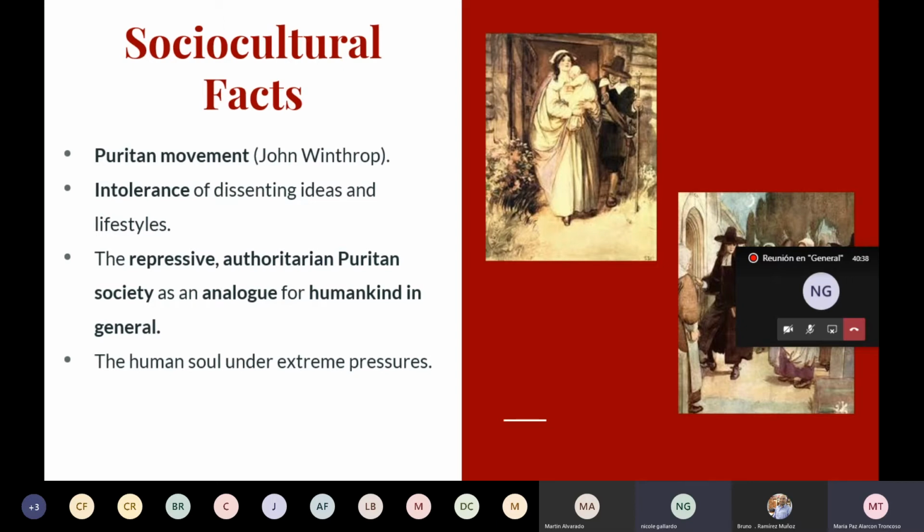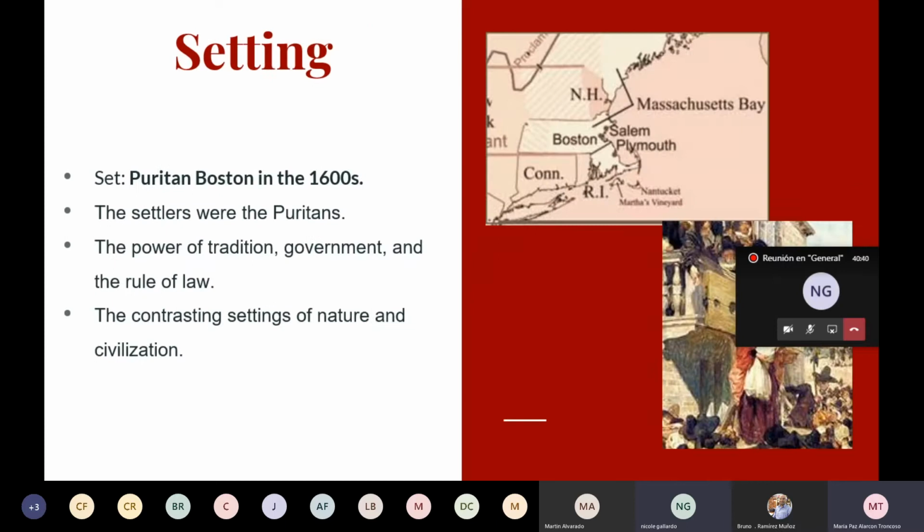Okay, now the next slide, please. Well, this story is set in Boston in the 1600s, prior to the American independence.